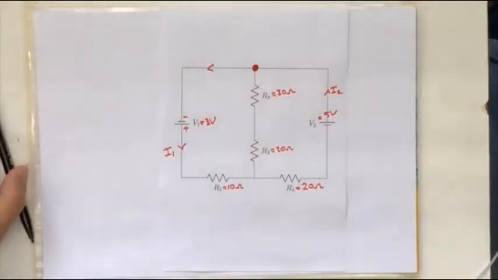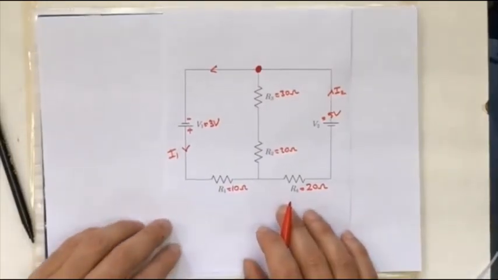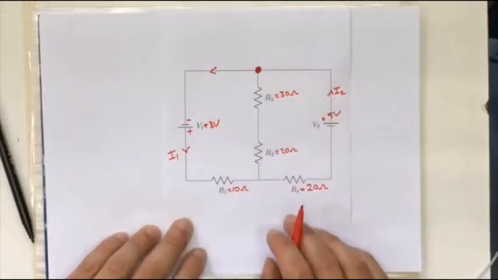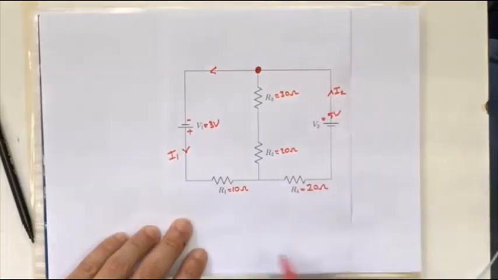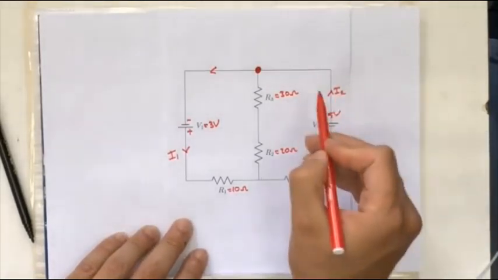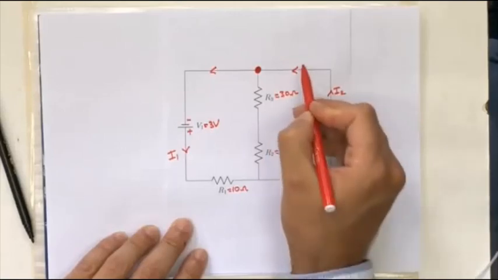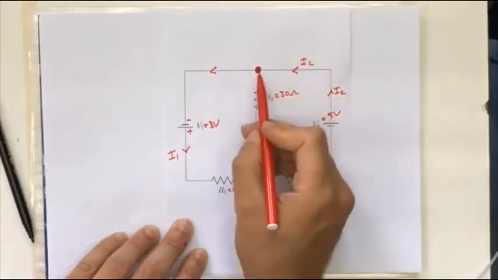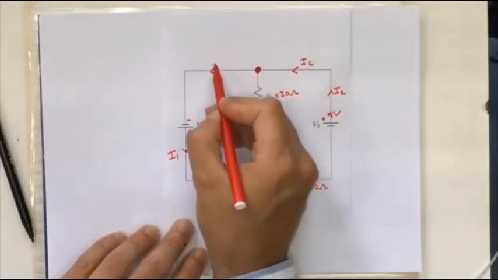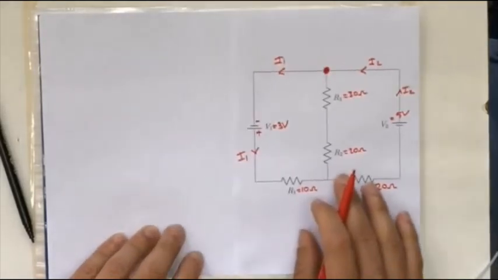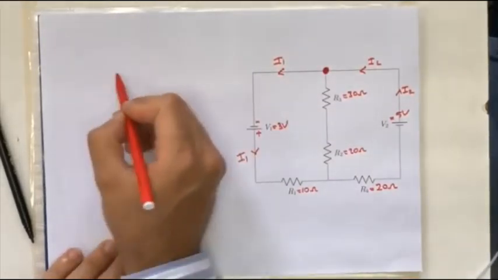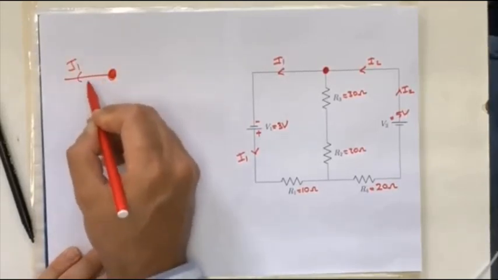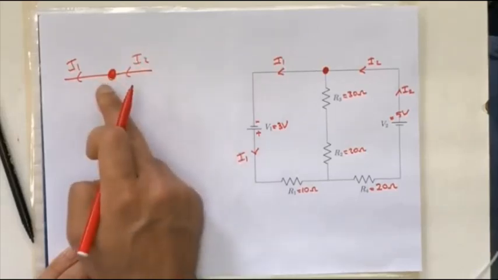Before defining the direction of the loops, I'm going to continue defining the currents. For I2, let's look here. I2 flows through this branch and comes to this junction. This is I1. If I draw this junction here, I1 is leaving, I2 is coming.